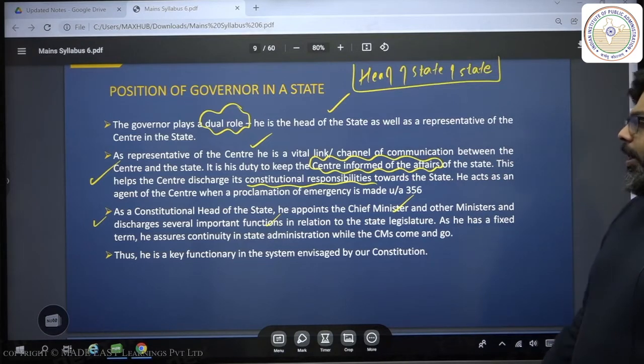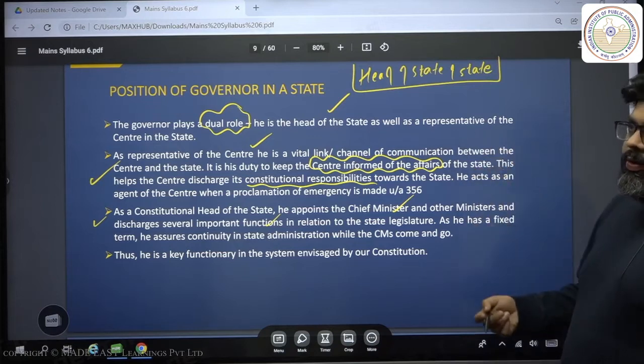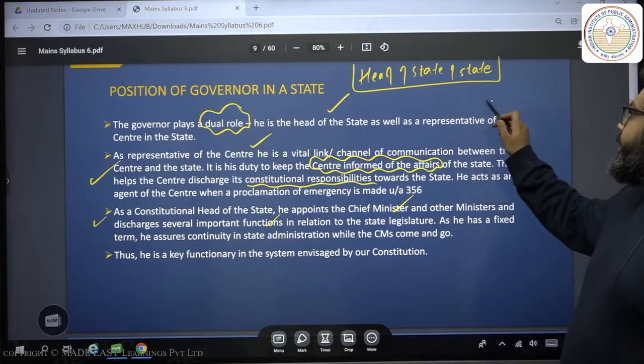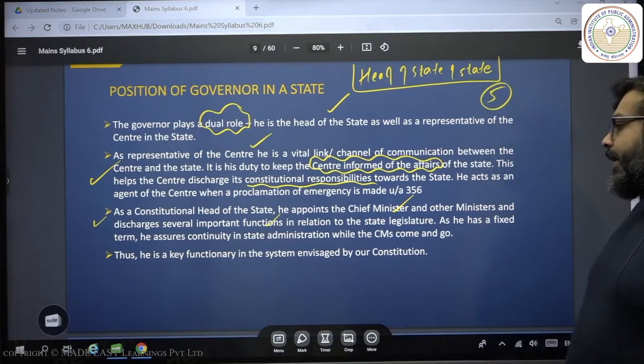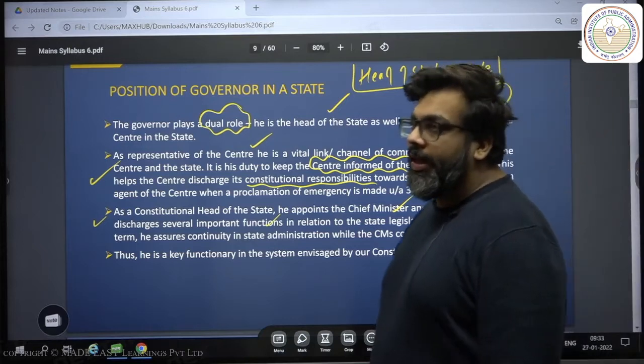And therefore, while the ministers are dependent on the political majority in the assembly, the governor is there for 5 years and therefore assures a sense of continuity in the state.